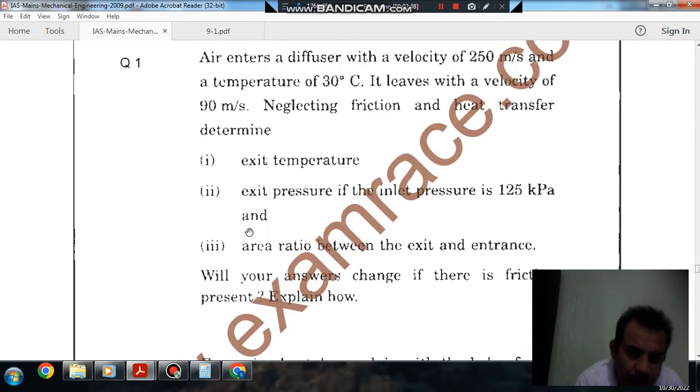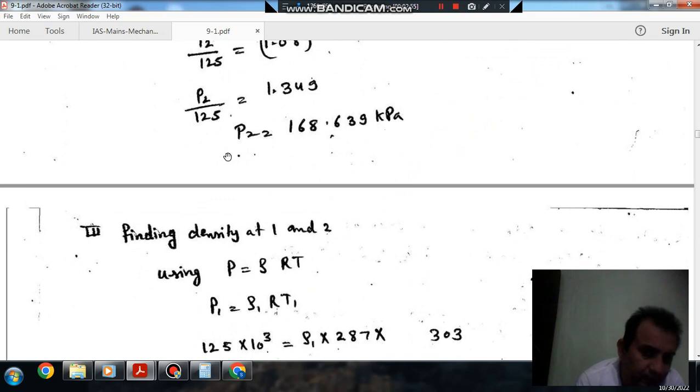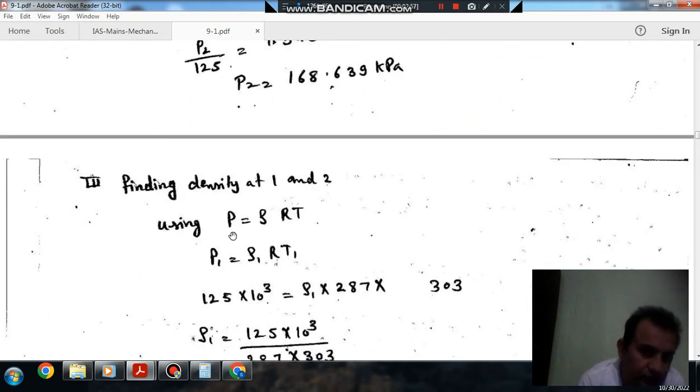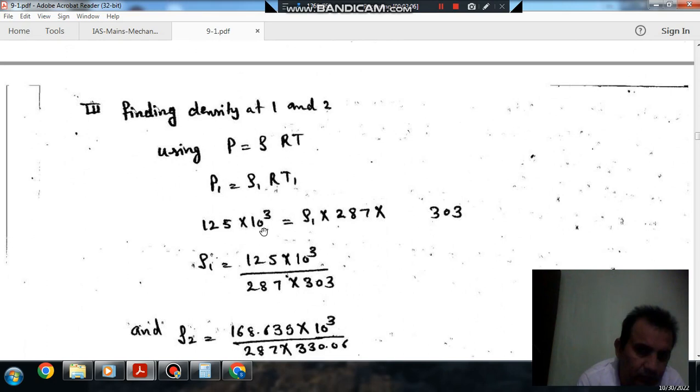Now the third question is to find out the area ratio. To find the area ratio, we'll find the density at inlet and outlet by using the state equation, that is P is equal to rho RT. At inlet, P1 is equal to rho 1 into RT1. P1 is 125 kilonewton per meter squared, R is 287 and T1 is 303.